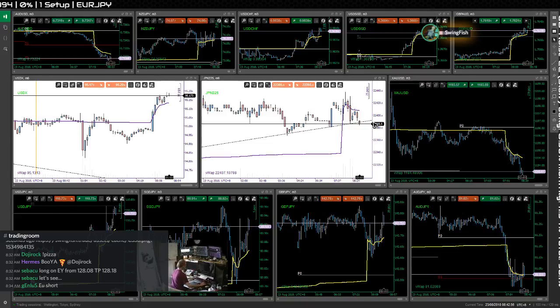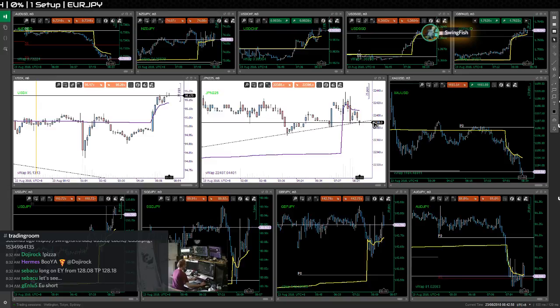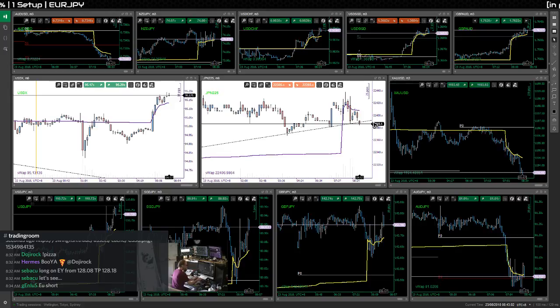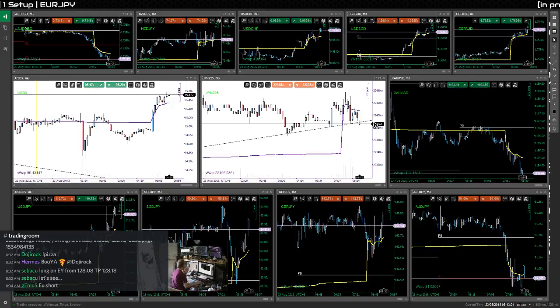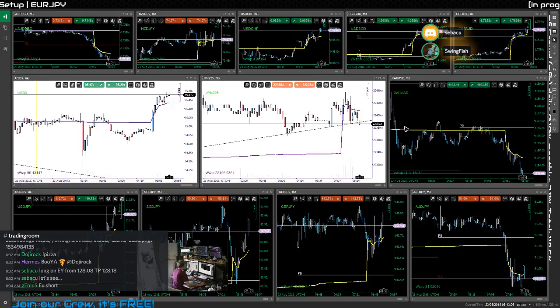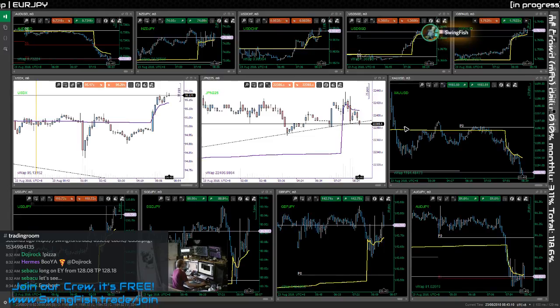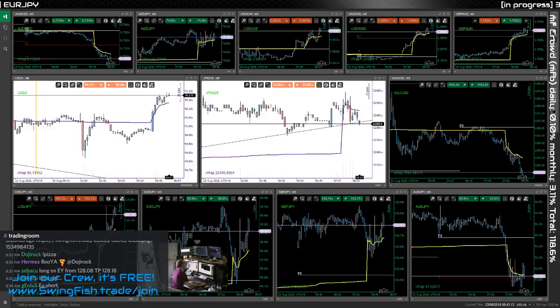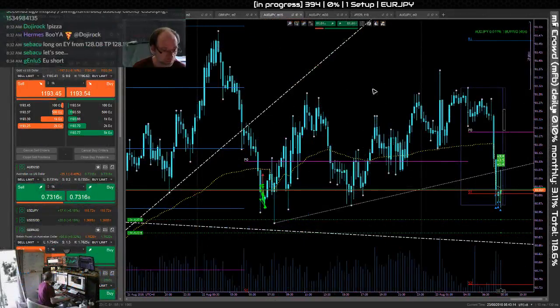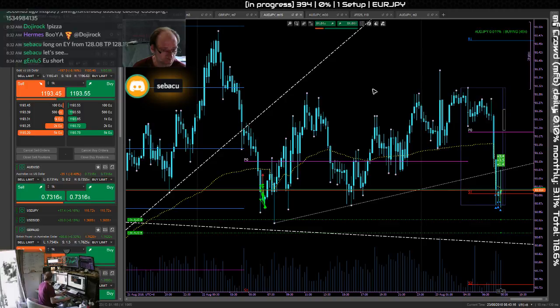What is that US event in the economic calendar? I never heard about that before. Jackson Hole Symposium. I have no clue what that is. No idea.